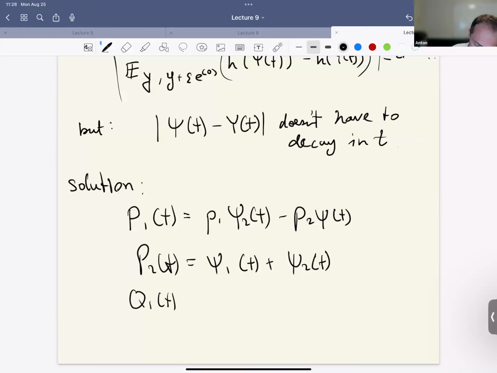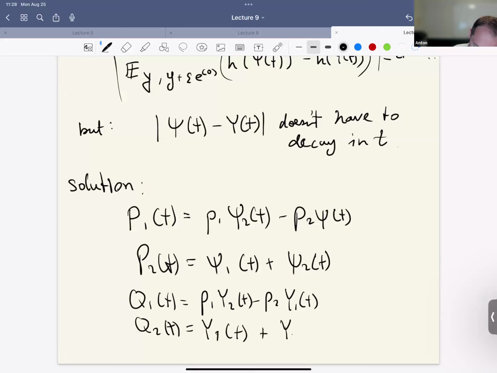We have Q1 of t. This is a reparameterization: Y2 of t minus P2 Y1 of t, Q2 of t. So we do a change of coordinates first, and this gives us a vector P of t, or a process P of t, and this gives us a process Q of t.